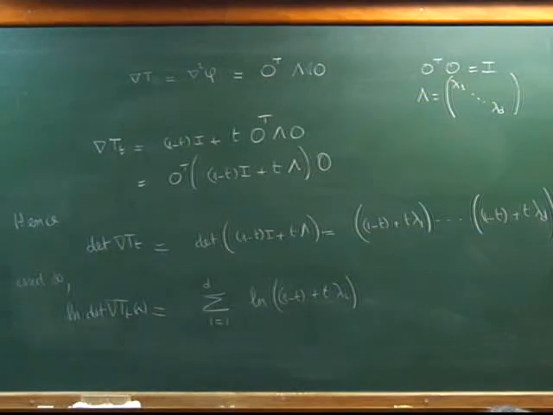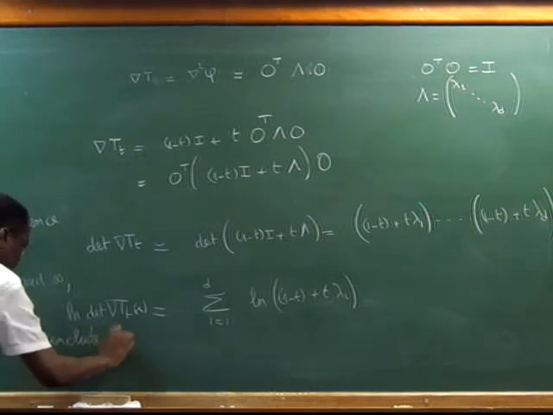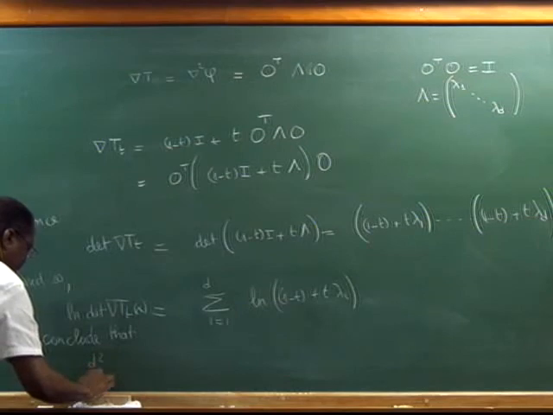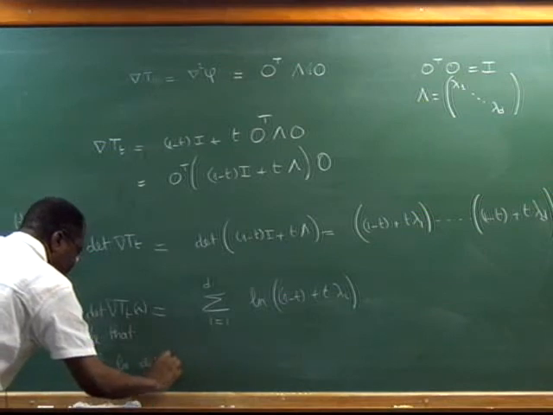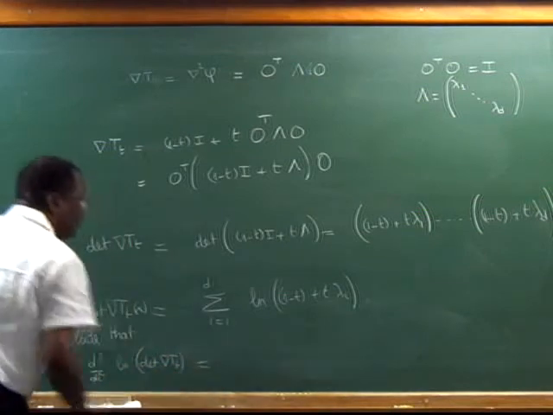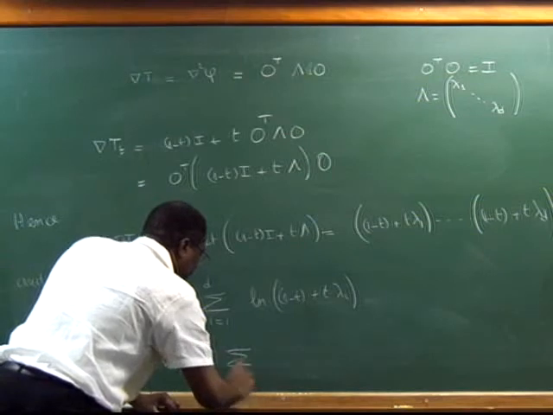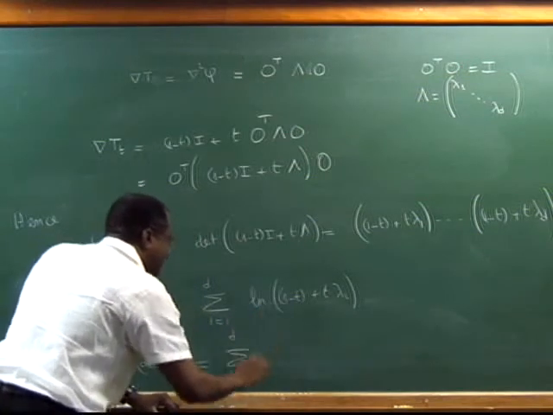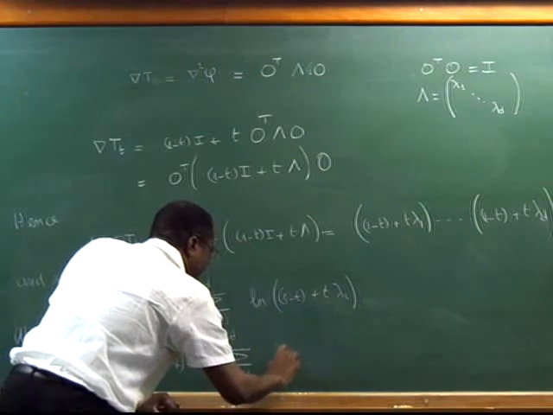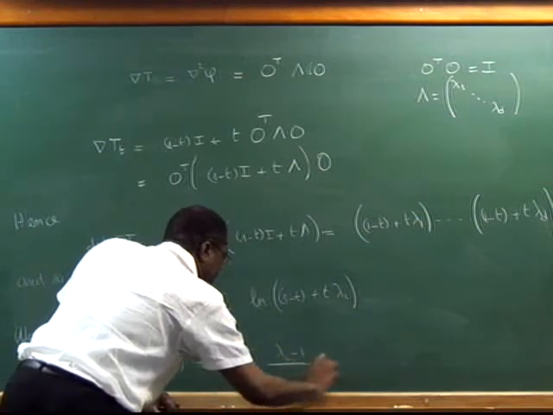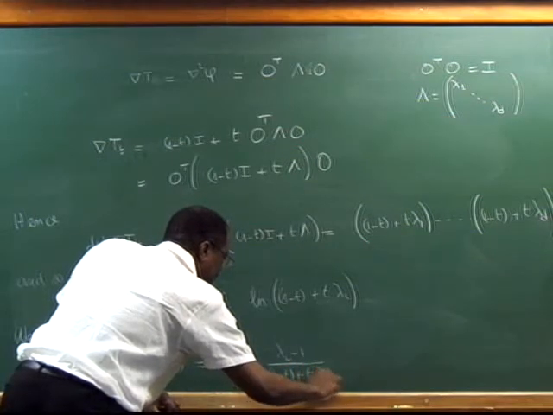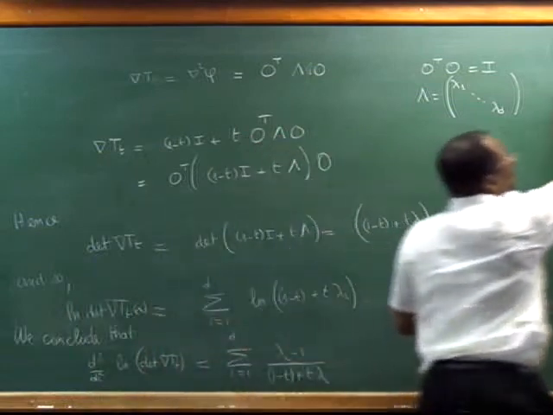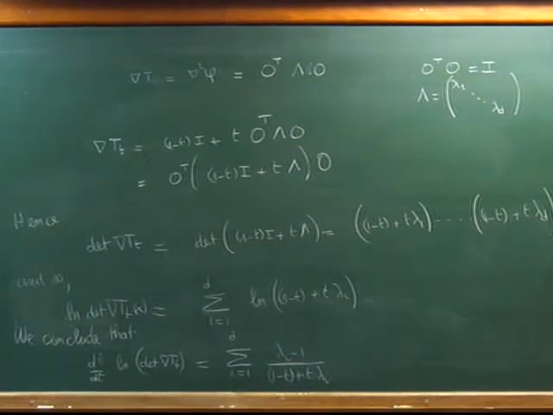We conclude that if I differentiate once the log of the determinant of the gradient of T_t, what I get is the sum, i from 1 to d, of (lambda i minus 1) divided by (1 minus t plus t lambda i). Now differentiate that a second time.